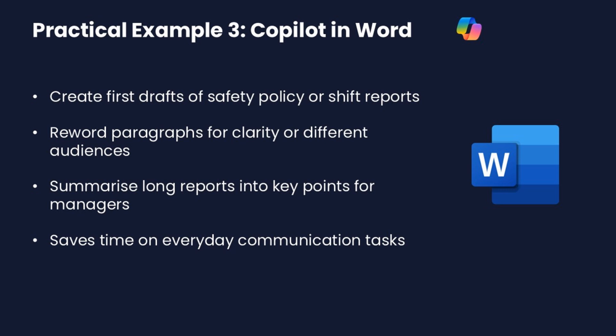So we're going to look at how you can create new drafts of documents, how you can reword different sentences and paragraphs for different audiences or maybe for different clarity. And all of these really are about saving you time working on these resources that you're going to share with other people. So let's jump into the Microsoft Word example.